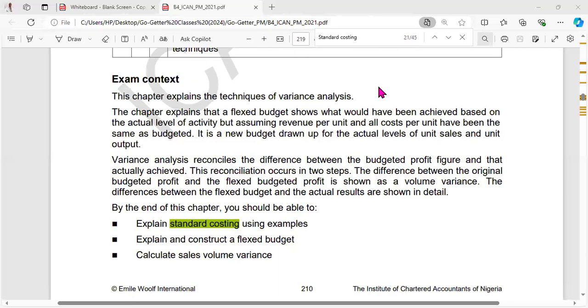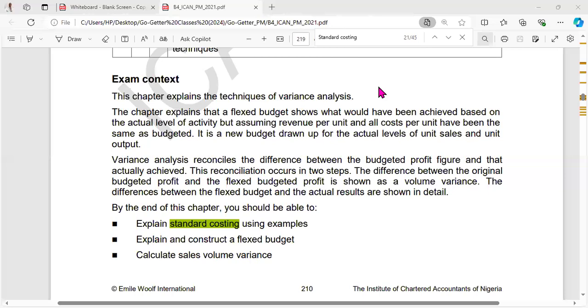Looking at exam context here, this chapter explains the techniques of variance analysis. This chapter explains that a flexed budget shows what would have been achieved based on the actual level of activity, but assuming relevant per unit and all cost per unit have been the same as budgeted.